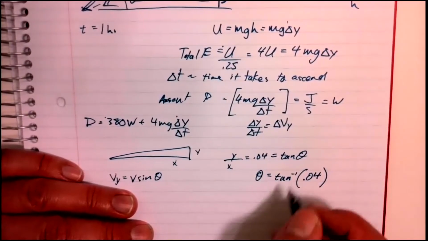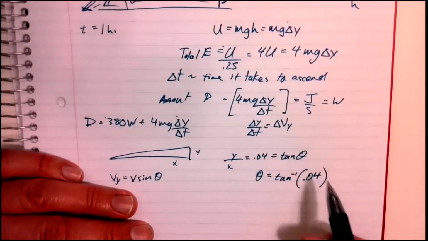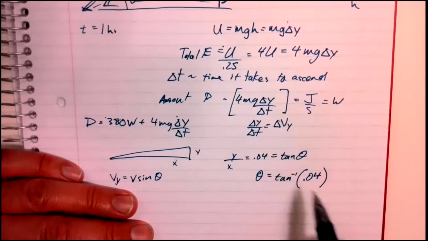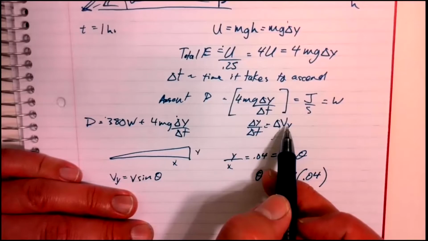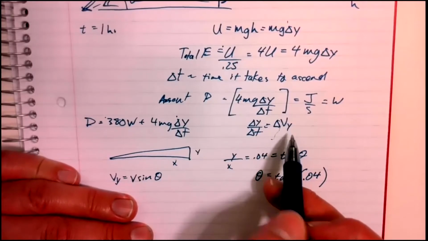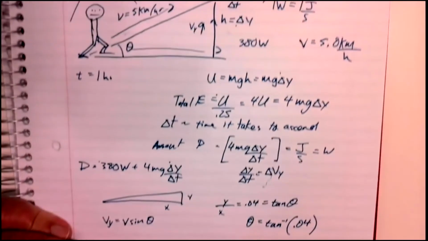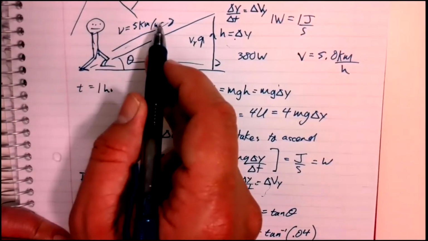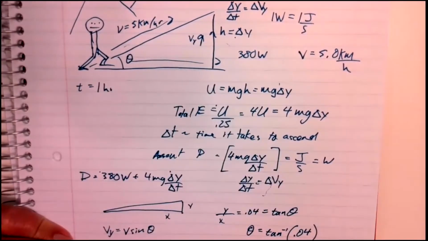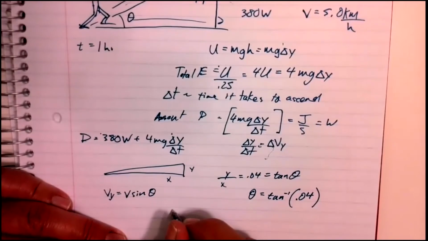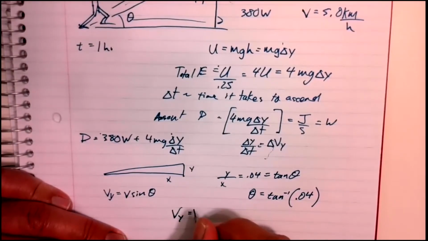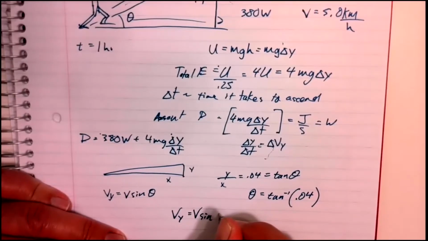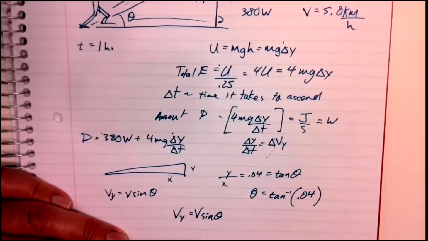All right, now we know our angle. We need to get vy, and we have our hypotenuse. In our velocity triangle, the hypotenuse is 5 kilometers per hour. So vy, which is what we're after, equals v times sine of theta.